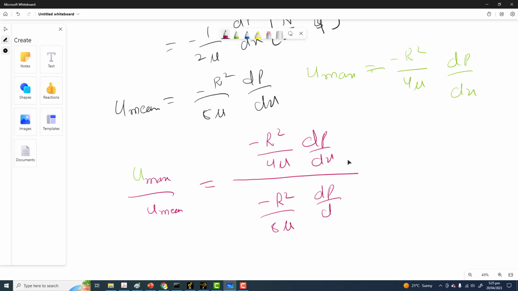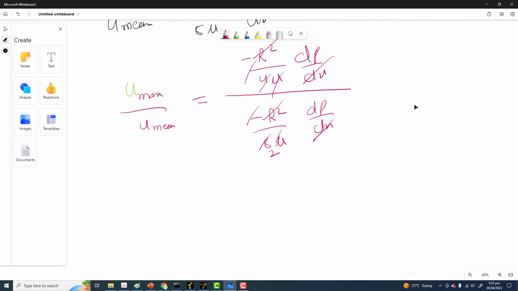Dp by dx is cancelled, R square cancelled, minus sign cancelled, mu cancelled, and this 2 will be now in the numerator. So u maximum upon u mean is equal to 2. So u maximum for laminar flow in a pipe is equal to 2 times the u mean.